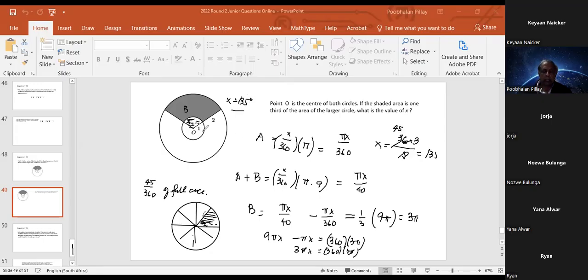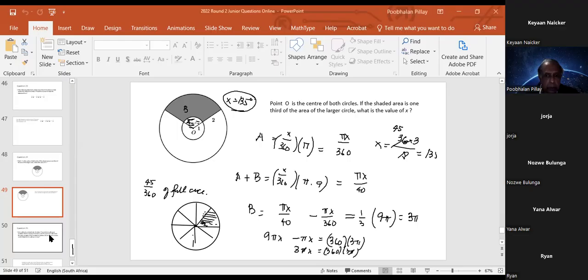Your x was the angle. There it's 135 degrees. All right, so the important thing here is that the area of a piece of a circle can be calculated because it's just the same as the ratio of the angle to 360. It's very, very important. Okay, so that takes care. The answer to this problem is 135.